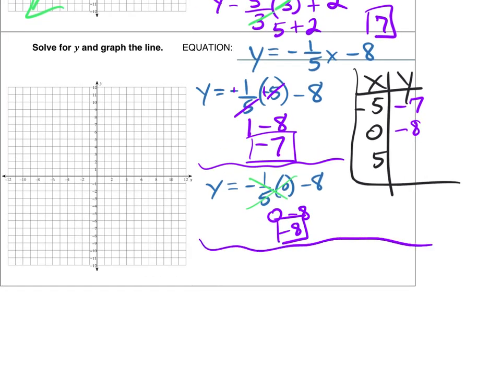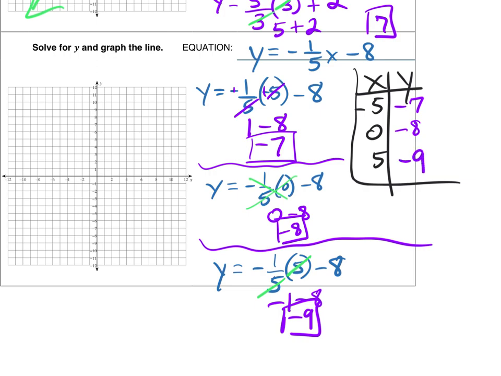And lastly, y equals negative 1/5 times positive 5 minus 8. The 5's cancel out, but there's no negative on this 5, but there is a negative left over here. So now I have negative 1. Negative 1 minus 8 equals negative 9. So in this equation, when x equals 5, y equals negative 9.